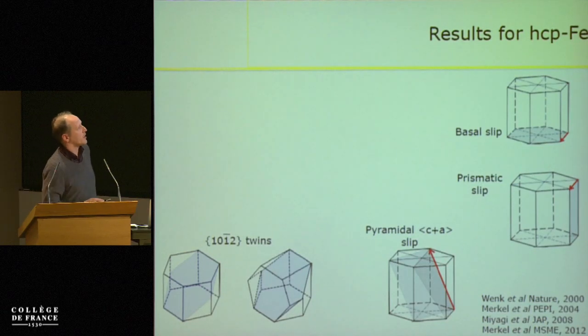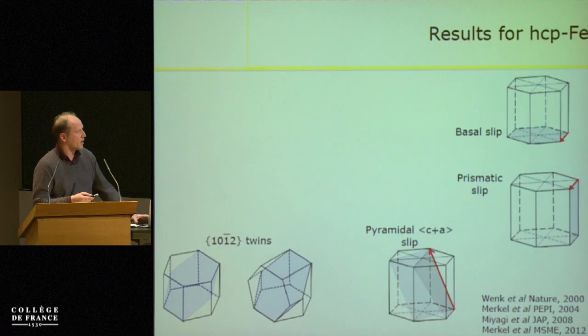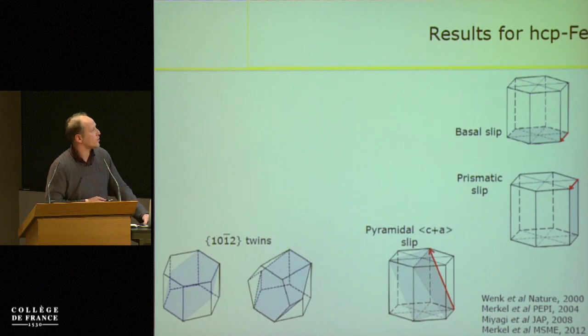So I'm going to summarize years of work on iron in one slide. This is what came out of all of those high-pressure experiments. These are the plastic deformation systems that we find in experiments. Basal slip is there, prismatic slip, pyramidal slip sometimes, but also a lot of twinning that occurs at low temperature.